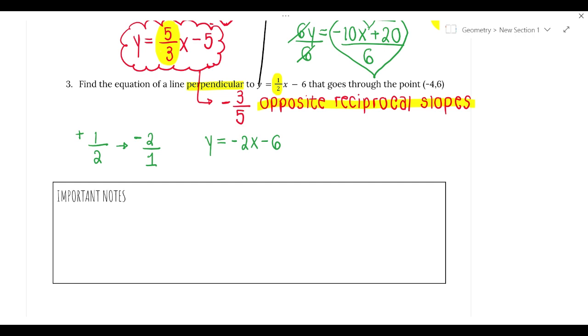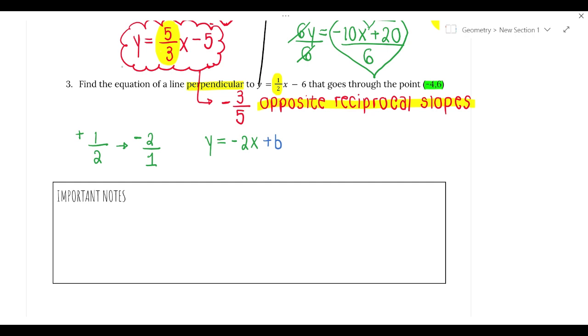Now it has to go through the point, actually instead of minus 6, since it has to go through the point negative 4 comma 6, I actually don't know what my y-intercept is. So I'm going to write plus b.